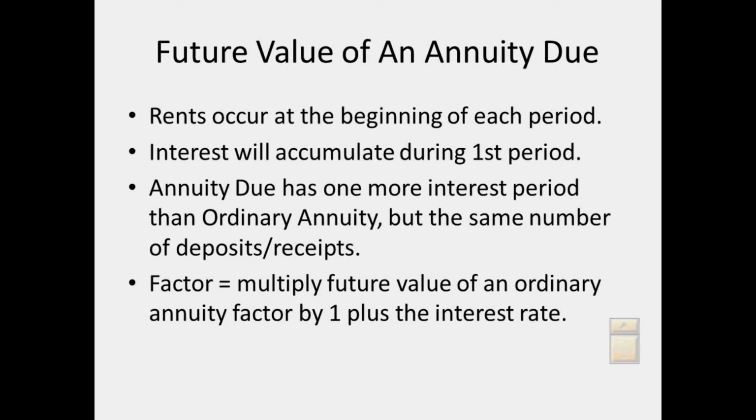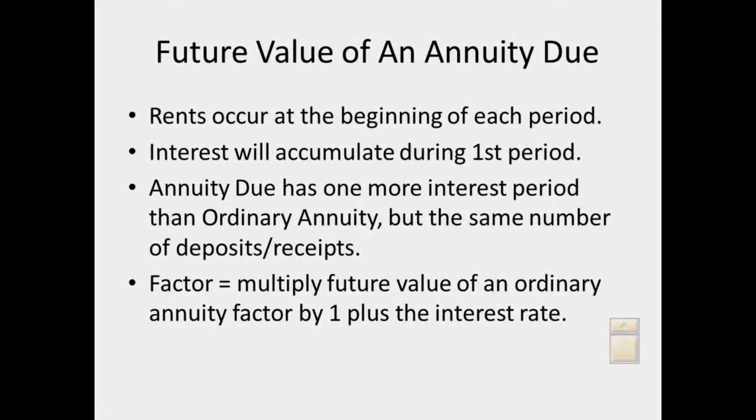Now, how does it differ if instead of it being an ordinary annuity, it's an annuity due? In the last example, how would that differ? We just have one more period in which you're going to earn interest, right?